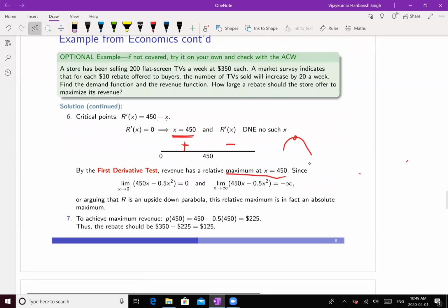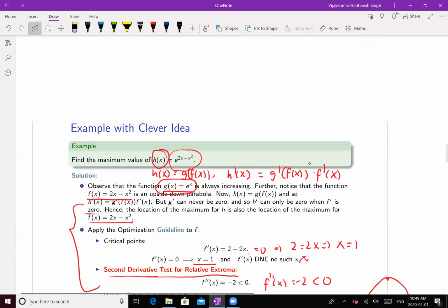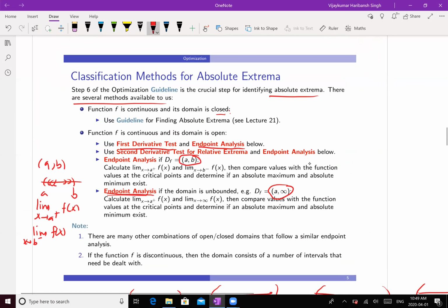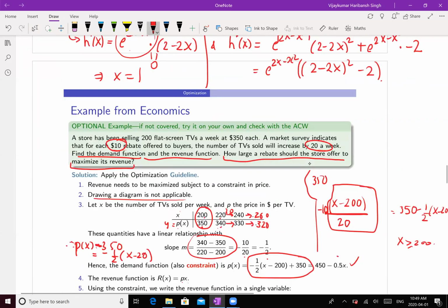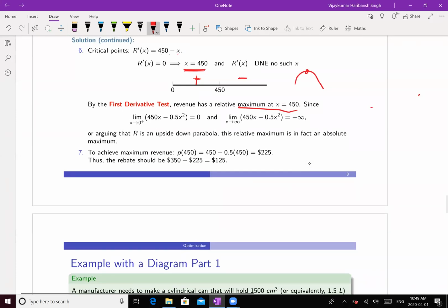Now we need to do the endpoint analysis because the domain is not a closed interval. Remember, if it was an interval of the form a to infinity, you have to look at the limit as x goes to a plus of f of x, and as x goes to infinity of f of x. In this case, as x goes to 0 plus, 450x minus 0.5x squared is 0.